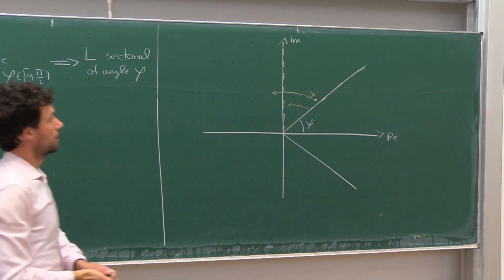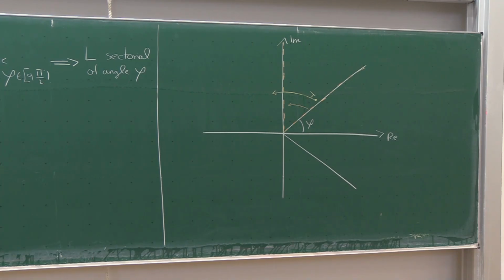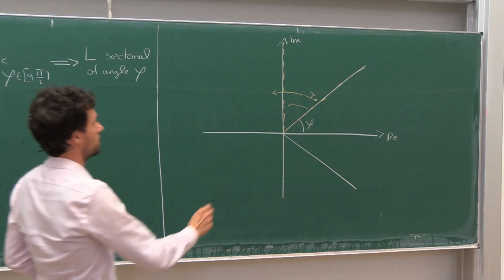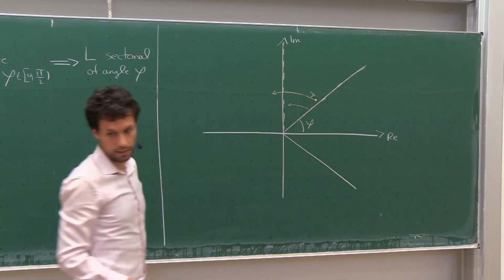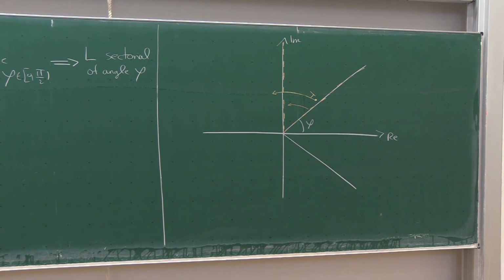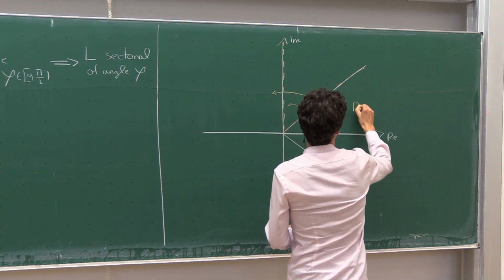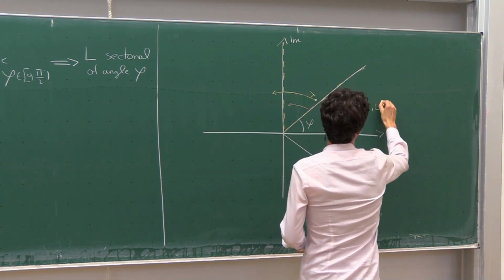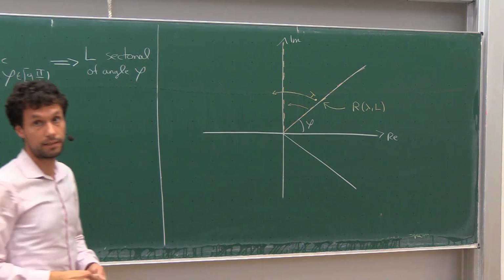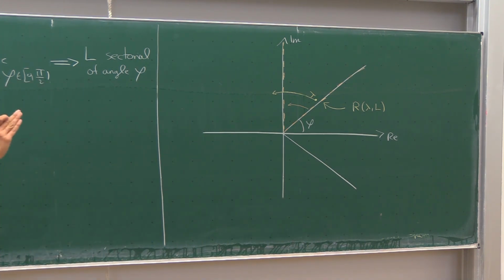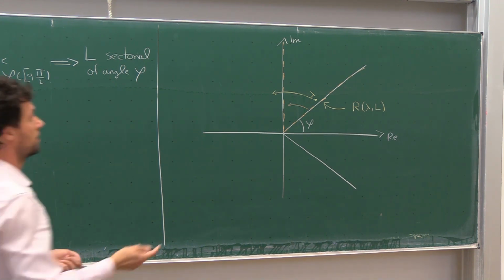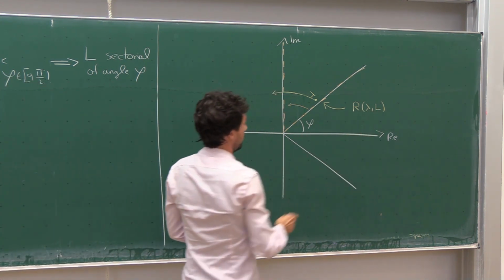And so instead of proving a resolvent bound for lambda, I want to look at R lambda L here. I'm doing a rotation of that whole thing, and I'm going to look at the rotated lambda with respect to the rotated operator.